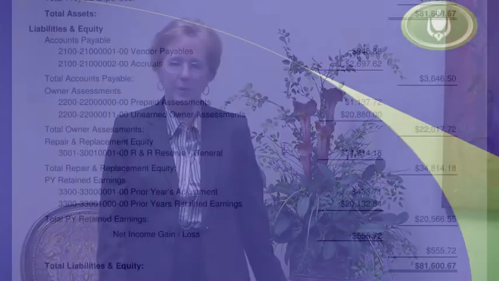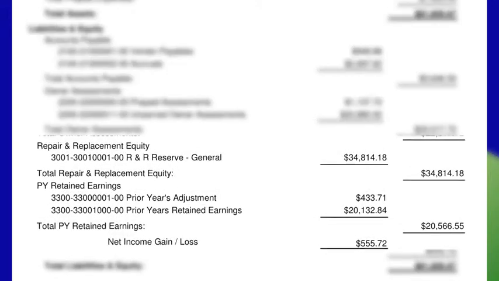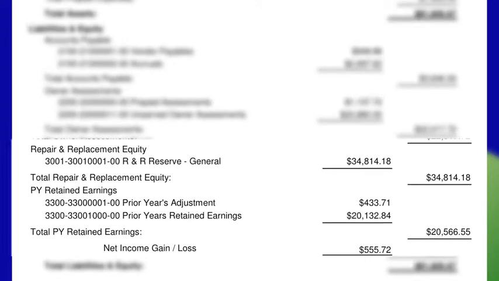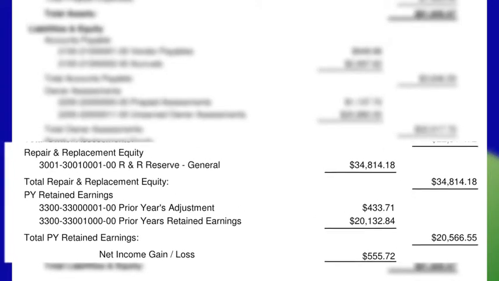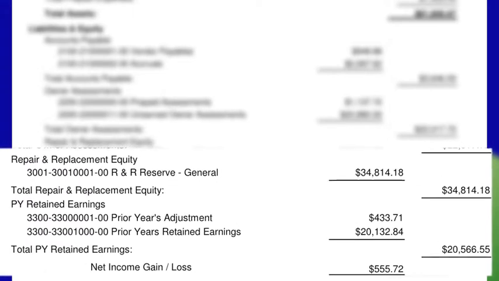Also, you may have retained earnings or members' equity that is allocated between regular operating equity and reserve equity. If your association is setting aside funds for future major repairs and replacements, then that portion of equity is often allocated separately and designated separately on the balance sheet.